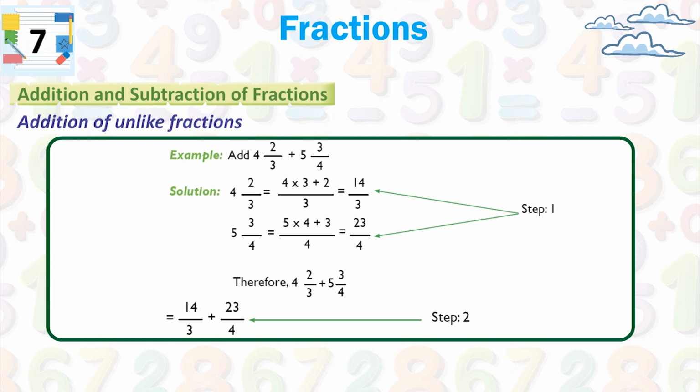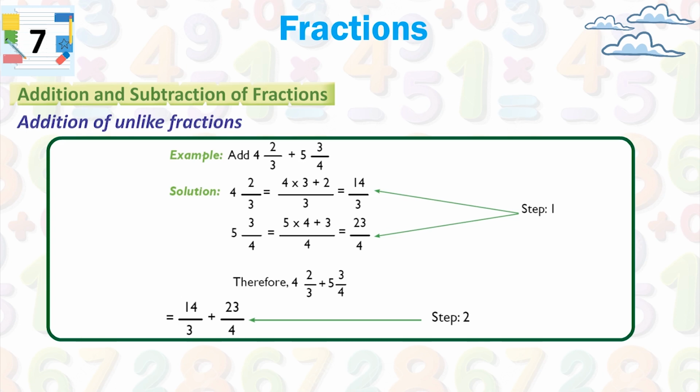Example. Add 4 2 upon 3 plus 5 3 upon 4. Solution. Step 1. 4 2 upon 3 is equal to 4 into 3 plus 2 upon 3, which is equal to 14 upon 3. 5 3 upon 4 is equal to 5 into 4 plus 3 upon 4, which is equal to 23 upon 4.